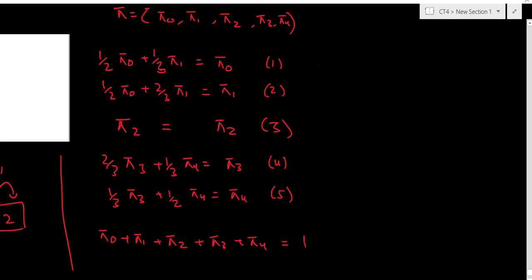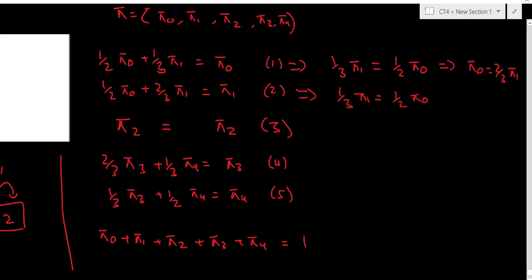Okay, so if I solve the first two equations here, this would imply that 1 by 3 pi 1 is equal to half pi 0, right, which would imply that pi 0 is equal to 2 by 3 pi 1. This is from the first equation, and from the second equation I have again 1 by 3 pi 1 is equal to half pi 0.